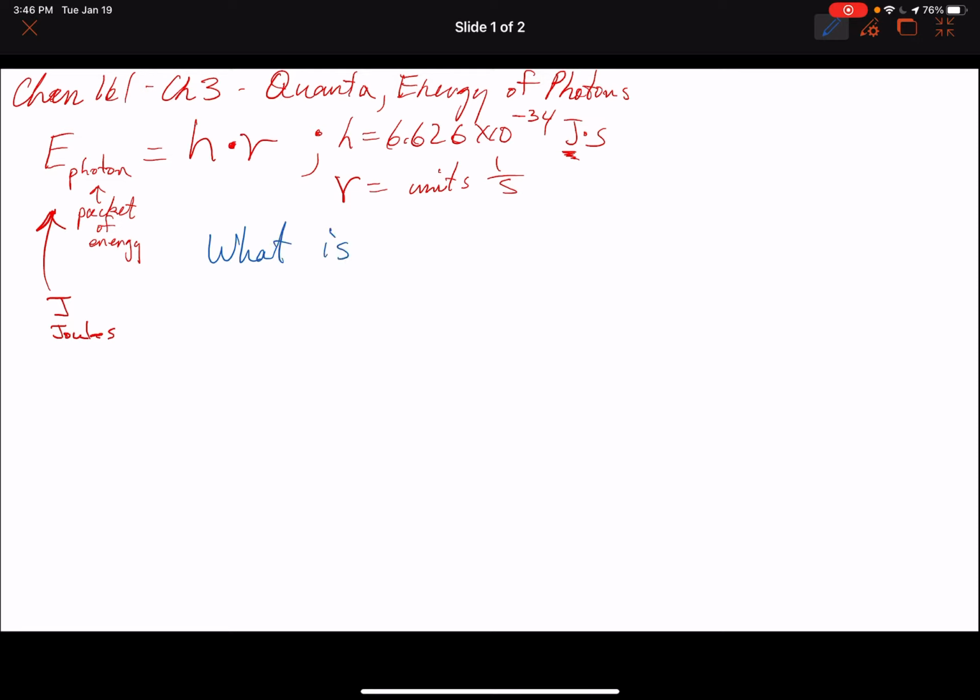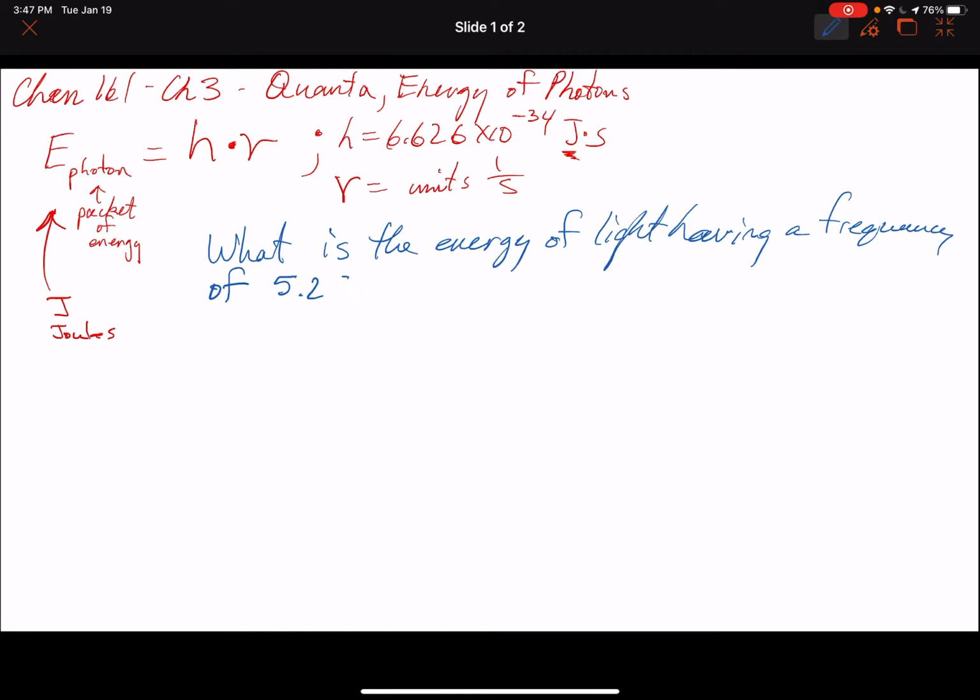What is the energy of light having a frequency of 5.25 times 10 to the power 14 hertz? Okay, so we're asked to solve for E.